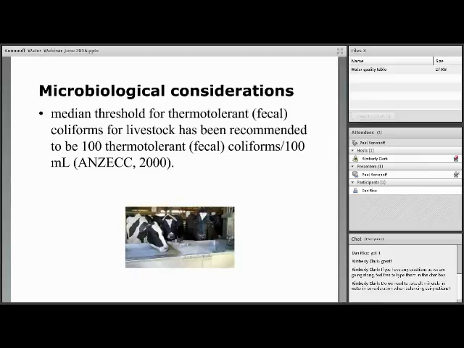Nonetheless, some regulations that have come out of New Zealand and Australia have made recommendations that water should not be greater than 100 fecal coliforms per 100 milliliters. So this is something that will come in on your water test and will be useful comparing to.